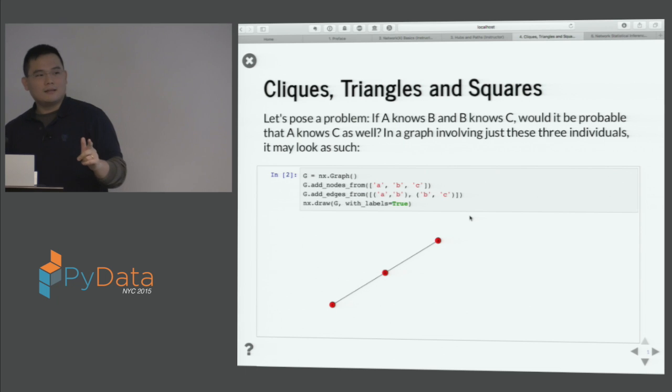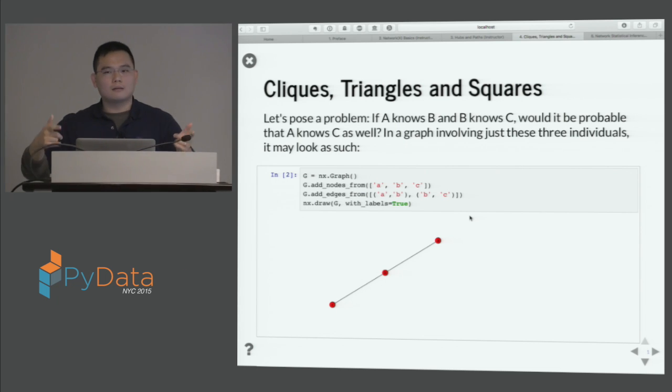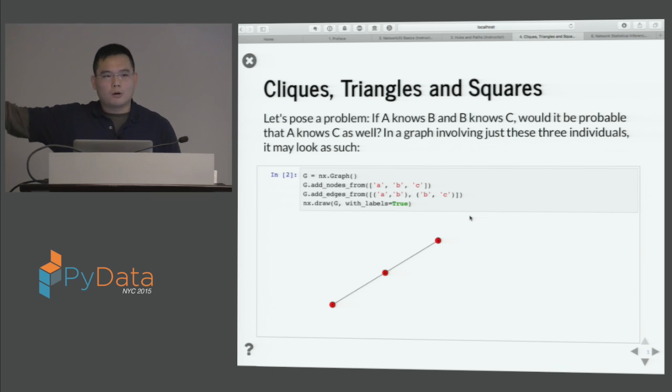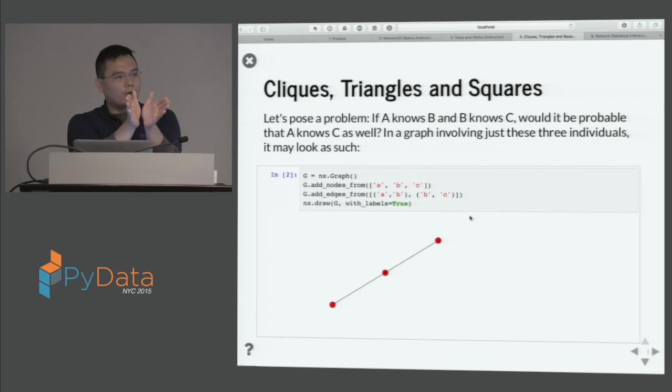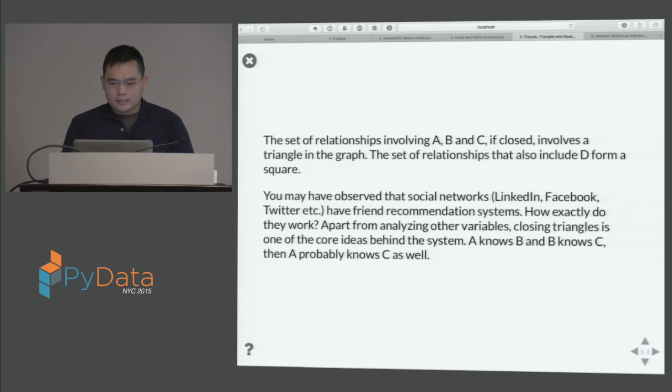Open triangles were exactly the way that LinkedIn started doing their colleague recommendation algorithms. Now they probably have something much more complicated than what I'm describing, but the core idea is there to look for open triangles.